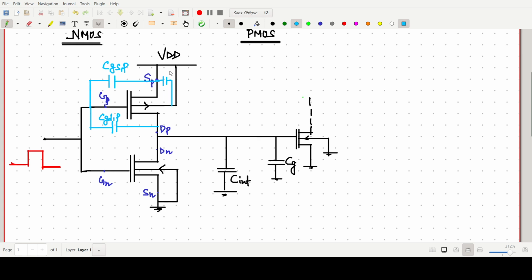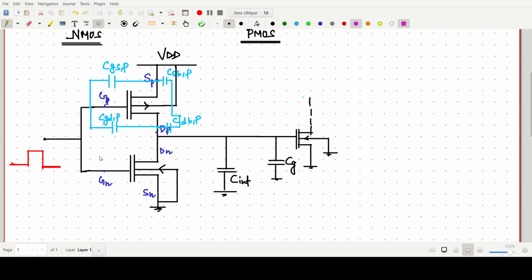So this should be CSB of P. Once again one more capacitance will be there, which is our CDB of PMOS. These are the four capacitances.